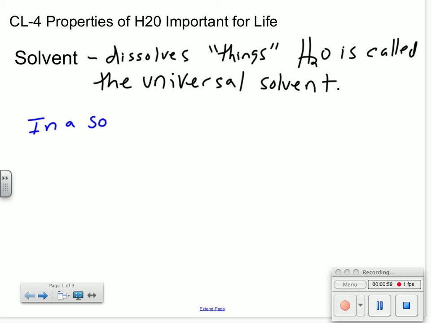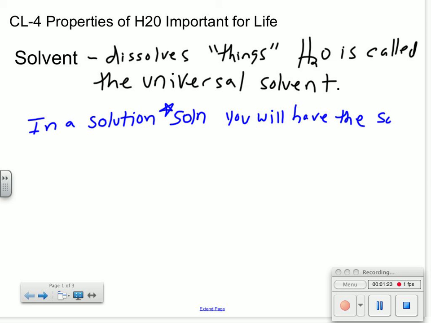In a solution, which you should know the abbreviation for solution by now. If you don't, make sure you know. It's SOLN. In a solution, you will have the solvent, which, like we said, does the dissolving, and the solute.